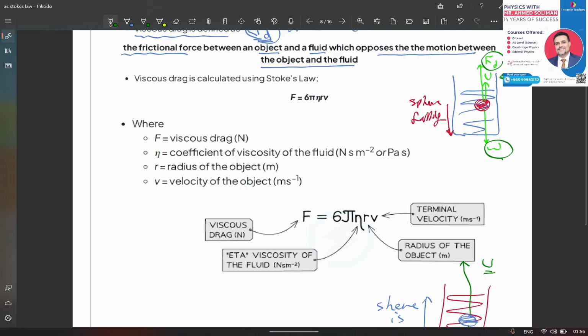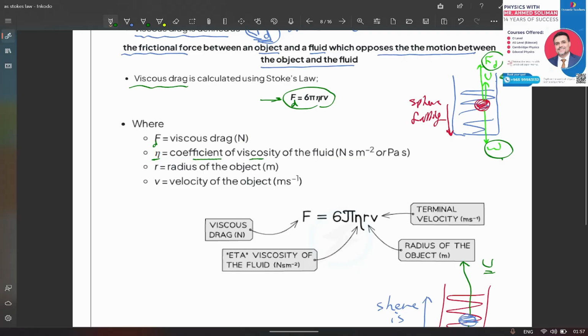Okay, now how can we find the viscous drag force? The viscous drag force Fd equals 6 pi eta Rv, and this equation will be given. He will give you F, drag force, equals 6 pi eta Rv. F is the drag force, and it will be written as F or Fd. And eta is the coefficient of viscosity.